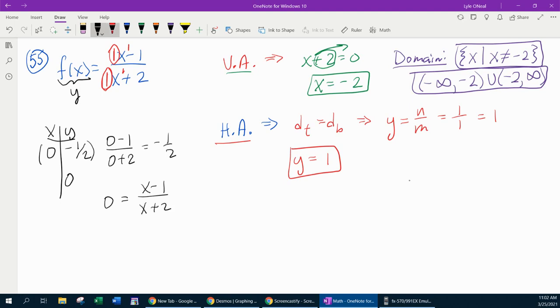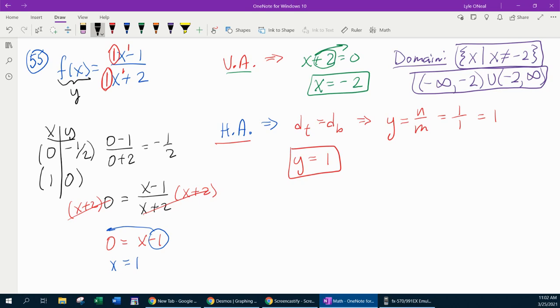And the first step is to get rid of the fraction. So we're going to multiply both sides by x plus 2. 0 times anything is 0, so that's still 0. These cancel. And then moving the minus 1 over tells us that x is 1. And that is our only x-intercept this time, (1, 0).